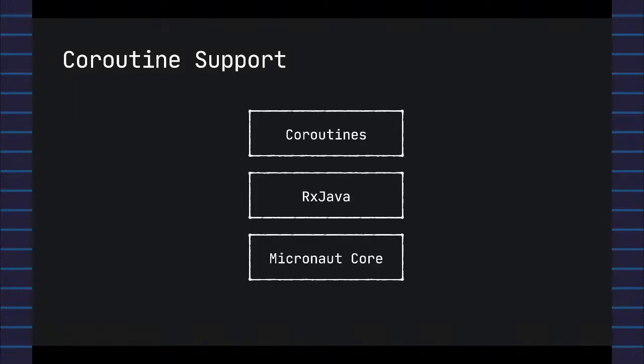As I said earlier, the core of Micronaut, when you look at the code, is built using flowables or RxJava. But there's a bridge built on top of it that provides coroutine support. It provides support for using flows, and we'll look at how this bridge is created.